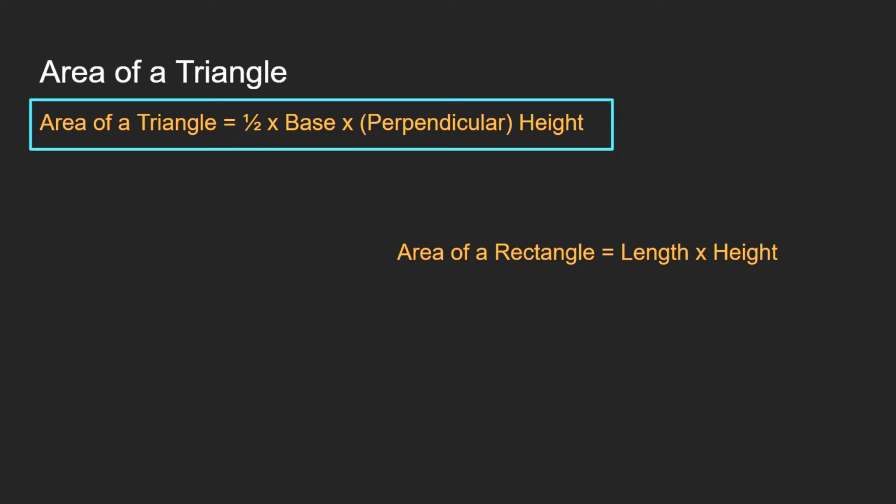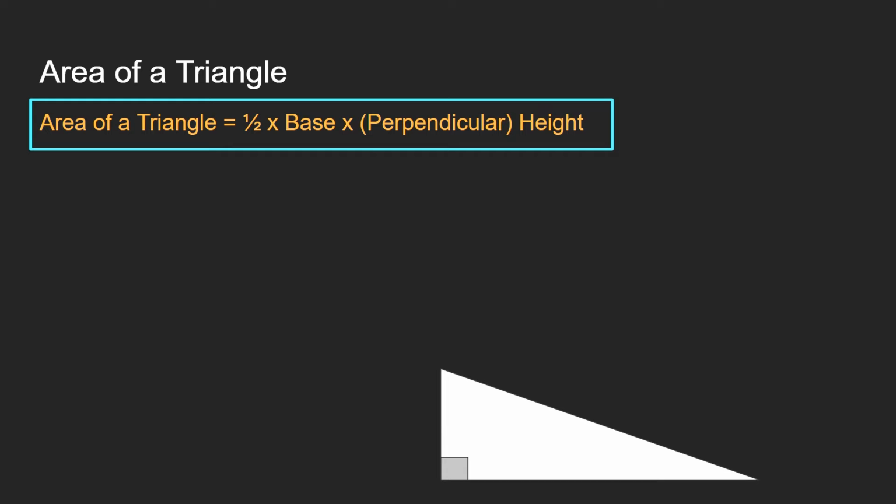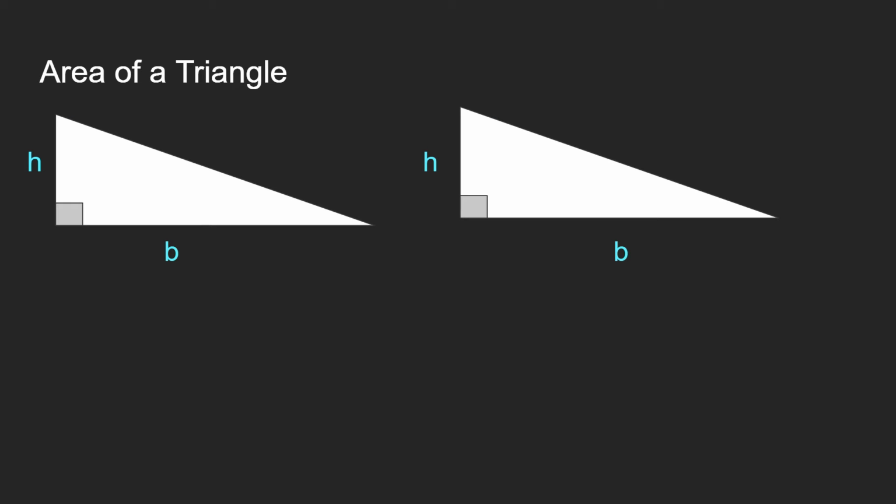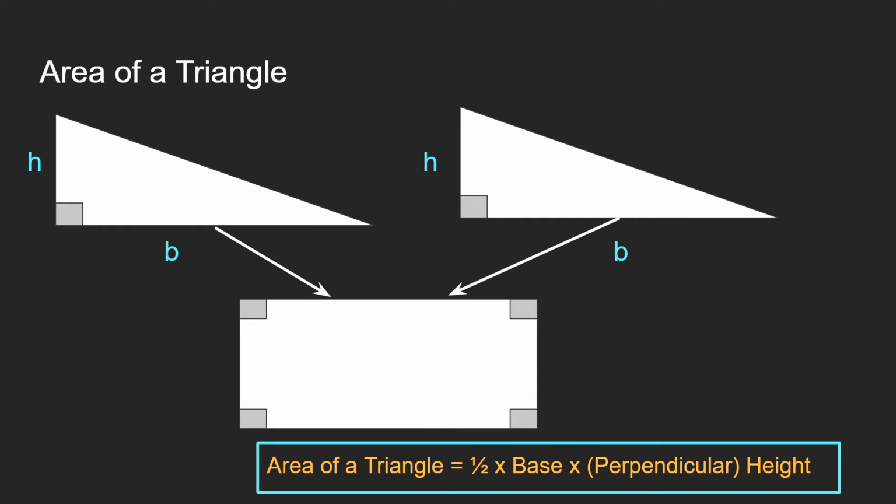So we get this and this, and if you put it together, we realize that this is our height and our base for these two triangles, and similarly it is also the length and the breadth of the rectangle. So there are two identical triangles forming the rectangle, which is why we get our area of a triangle, which is half times base times perpendicular height.